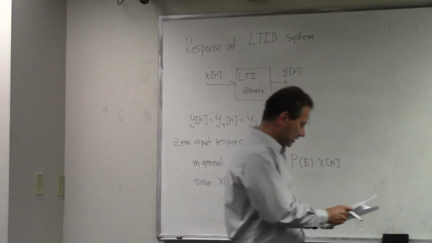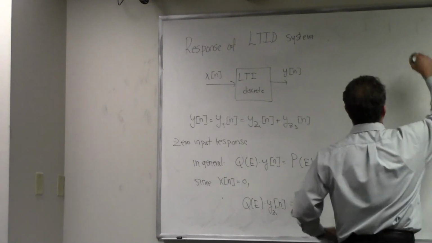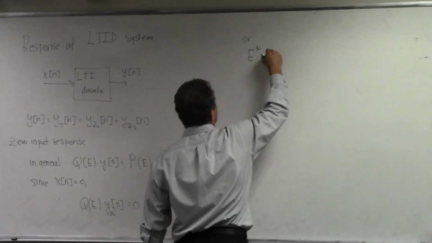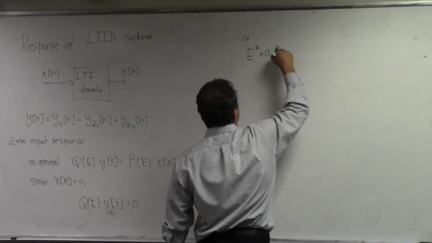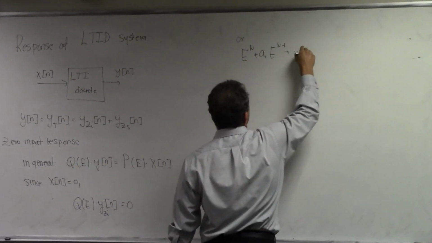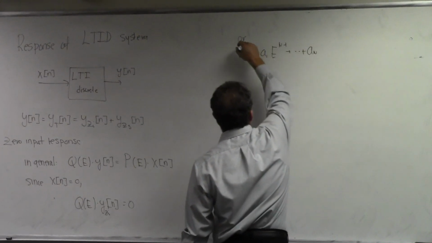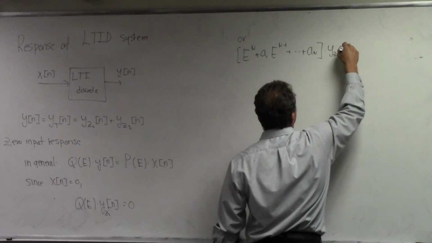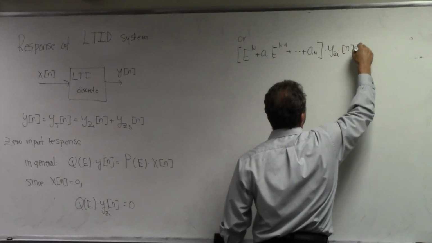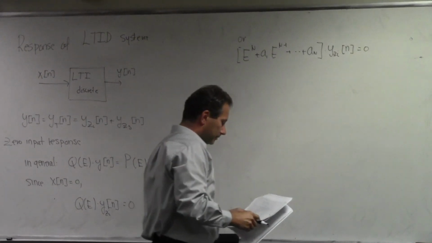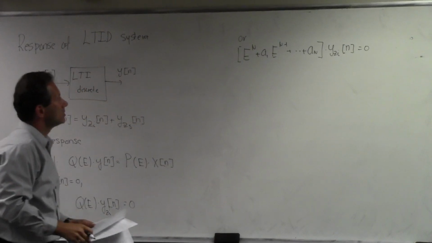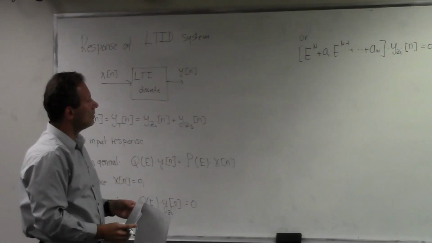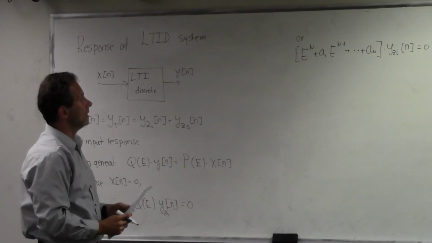Now if we expand on this, we can write it this way: E to the n plus a1 E to the n minus 1, and so on, plus an, applied to y zero-input of n is equal to 0. Remember, our objective here is to solve for the general form of the solution y zero-input of n.